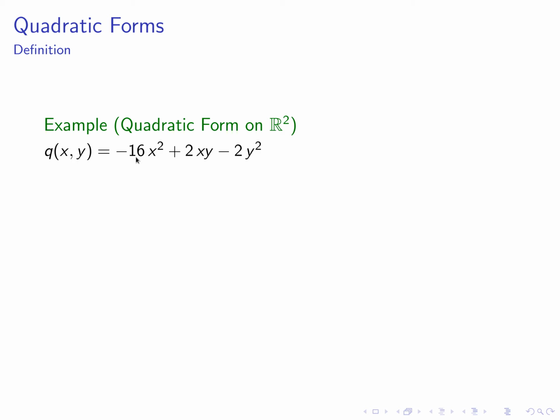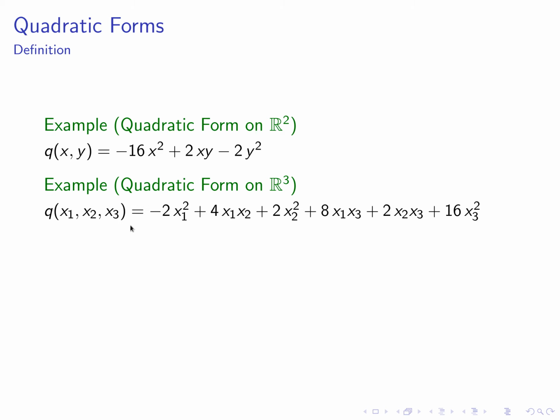So the first term in this formula is x squared, that's the choice of x twice, scaled by negative 16. The next term is x times y, so that's the choice of x and then y, scaled by 2. And then the last term here is the choice of y twice, scaled by negative 2. So this is our first example of a quadratic form on R2.